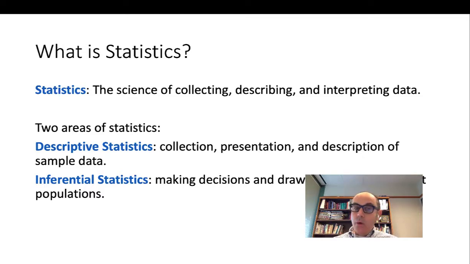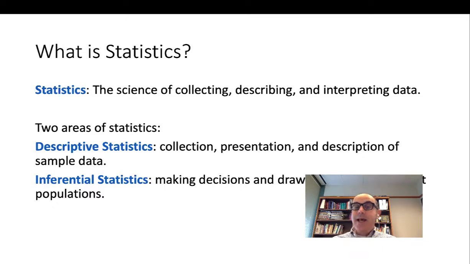So usually in every traditional textbook in statistics, we are talking about two types of statistics: descriptive statistics and inferential statistics. Descriptive statistics is about summary, about collecting, presenting and providing description of the sample data.